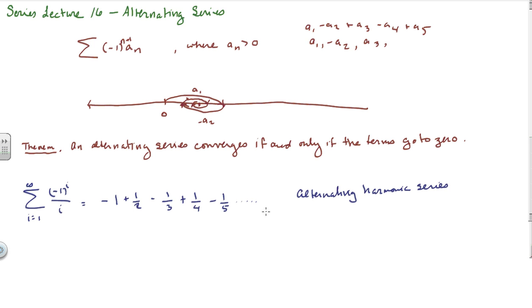And, well, the terms go to 0, therefore it converges. That's all you have to check.